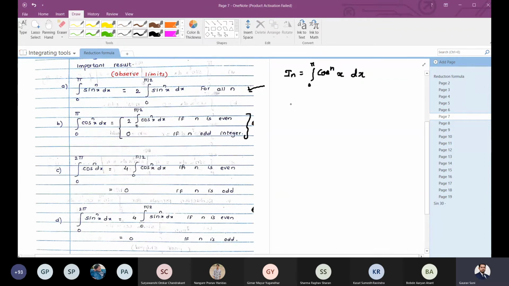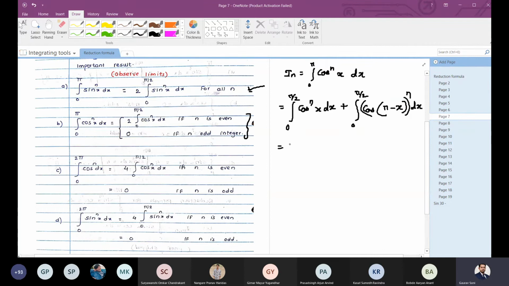Let's use that property again. We'll have 0 to pi by 2 cos raised to n of x dx plus integral 0 to pi by 2 cos of pi minus x, the total raised to n, dx.